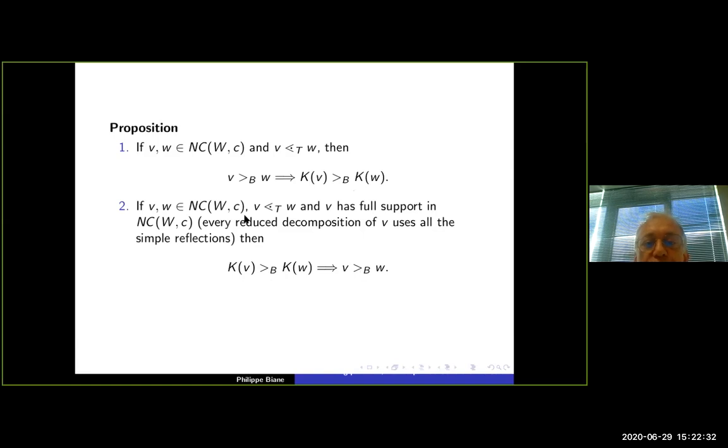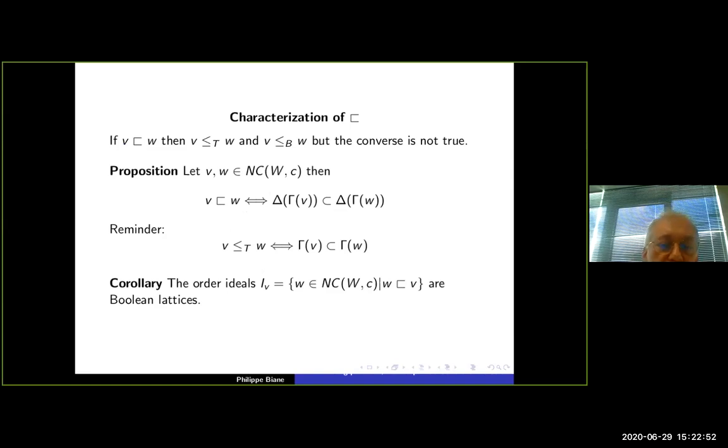So these two things show that the Kreweras complement, which is well known in the theory of non-crossing partitions, has a very deep relationship with the Bruhat order, which was something which has not been observed before, I think. And so this will be very helpful for us. This will allow us to characterize the square relation, the order relation that I'm interested in understanding.